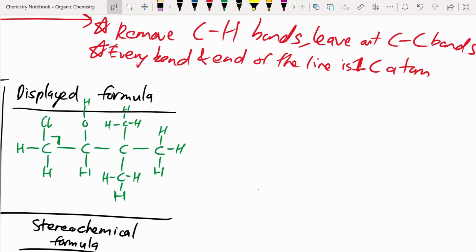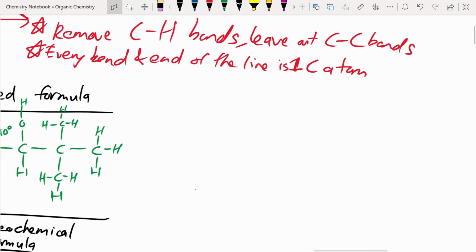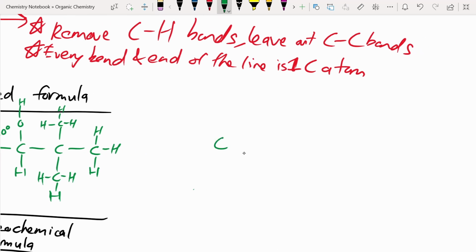But for displayed formula, your relative placing will be 90 degrees if there are 4 bonds surrounding carbon.